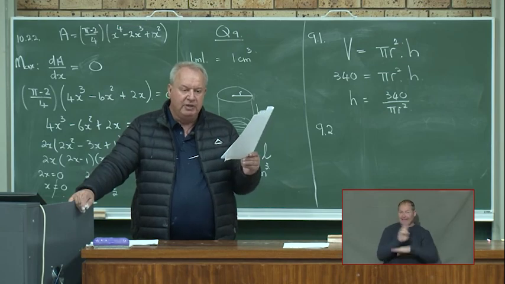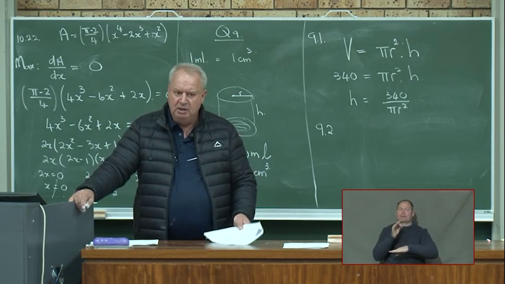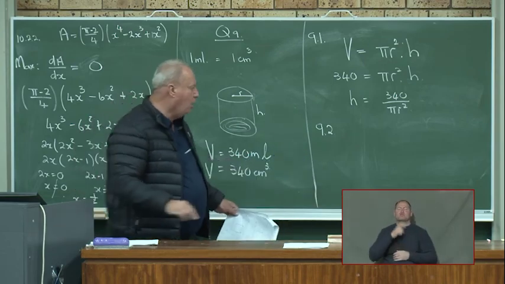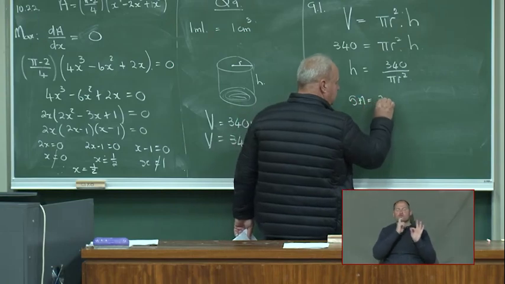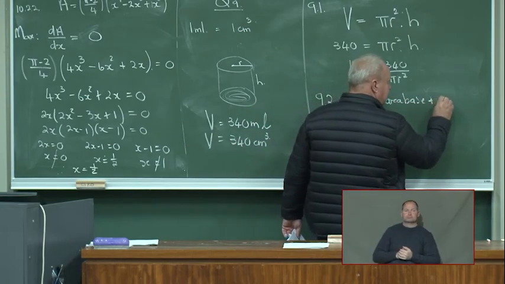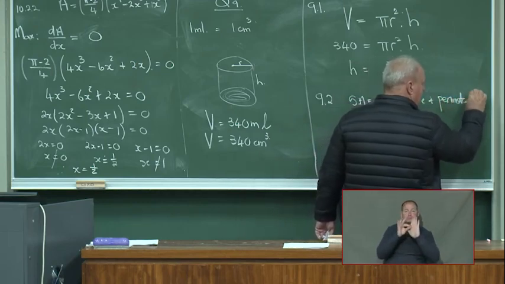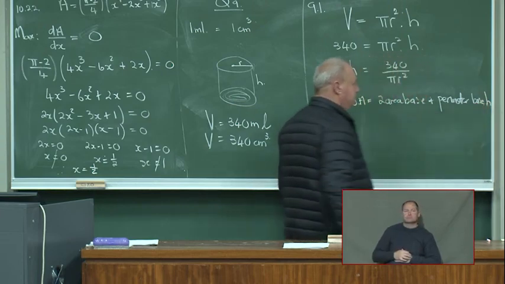They want the length of the radius if the surface area is a minimum. So I need to use the surface area formula, correct? Now, what is the surface area formula? It is equal to twice the area of the base plus the perimeter of the base times the height, correct?